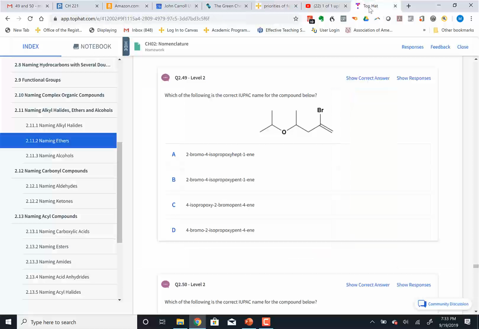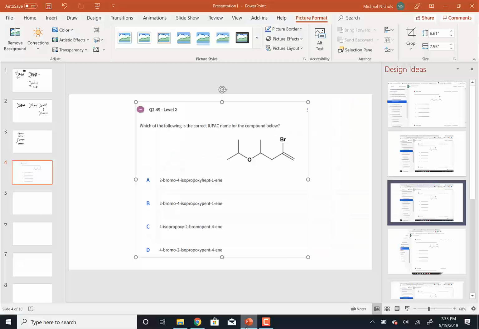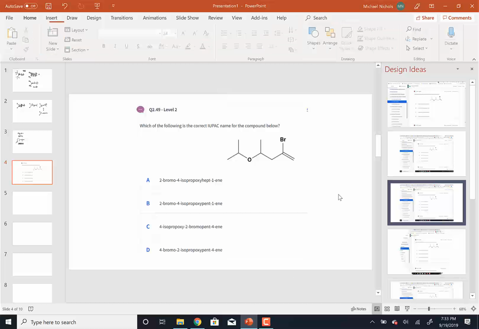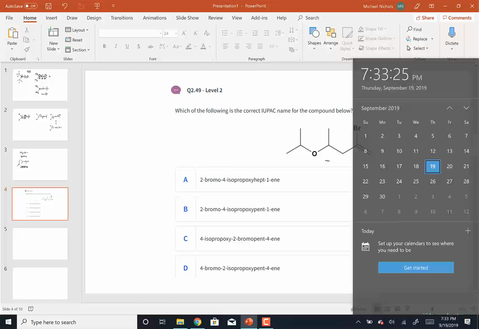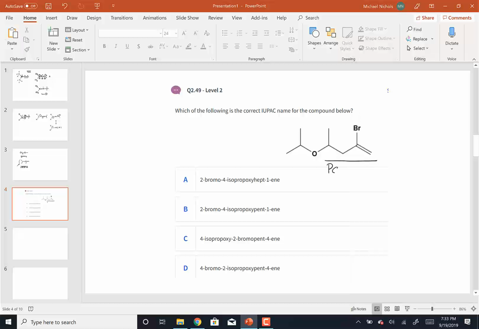Now, when you have alkoxy groups, when you have an ether, and an ether just has two carbon groups attached to an oxygen, the rule for the ethers is that the group with the most carbons is going to become the parent group, and the group with the smaller amount of carbons attached to the oxygen is going to become our substituent.